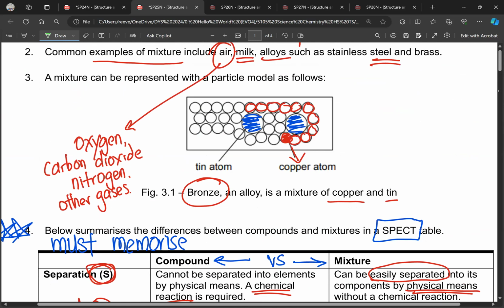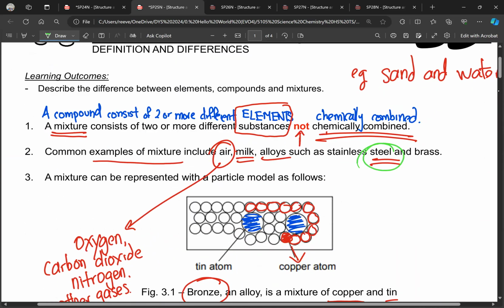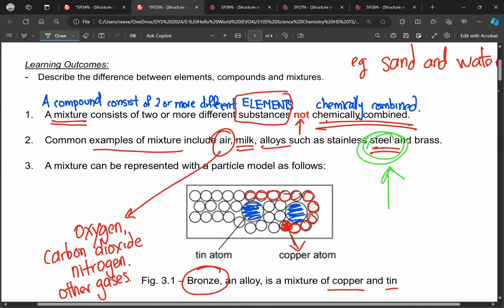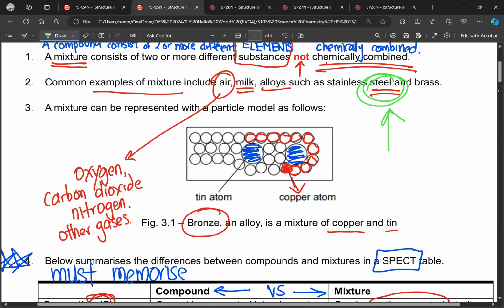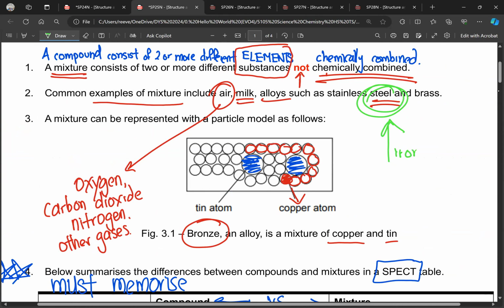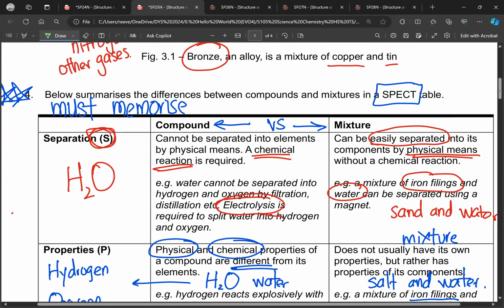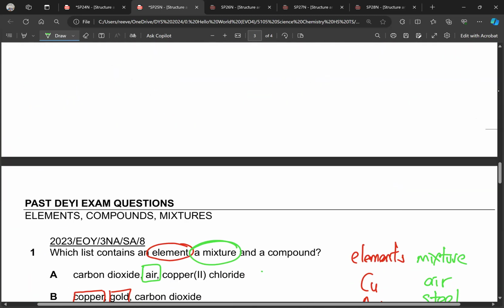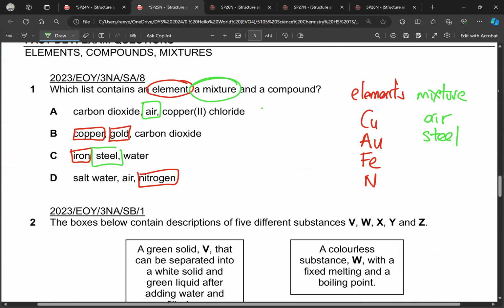Can you find? It's here, point number 2. Okay, this is a mixture of iron plus carbon. For your info, anyway, you'll learn it in Sec 4. Okay, steel is a mixture. So yes, I have a mixture. Any more mixture?